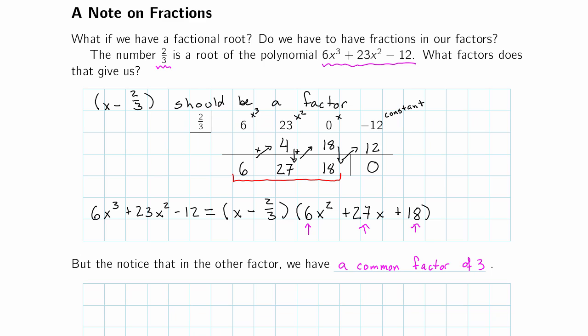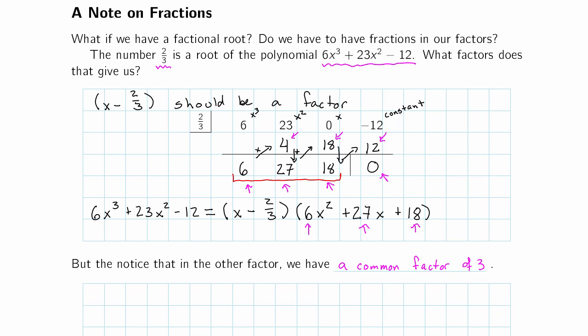And that's not a coincidence, right? We really needed to have a multiple of 3 in each of these places. Otherwise, one of these guys would have been a fraction. And if that had happened, we would have ended up with a fraction forever. And we would certainly not have gotten a 0 for our remainder.